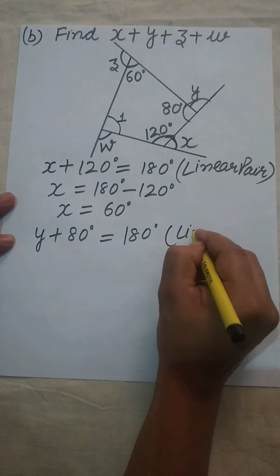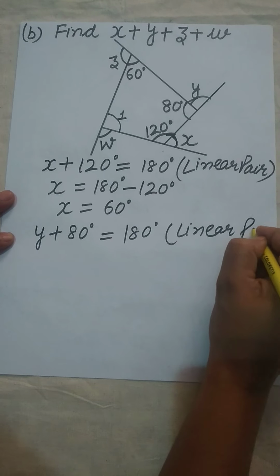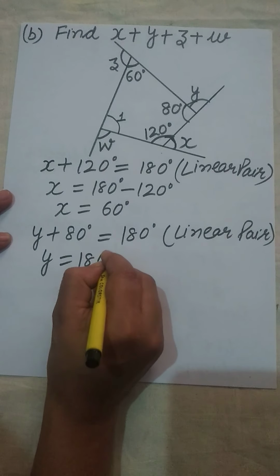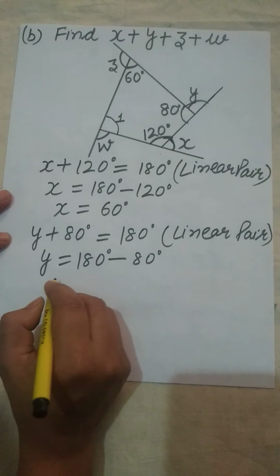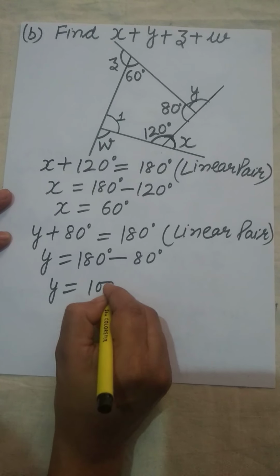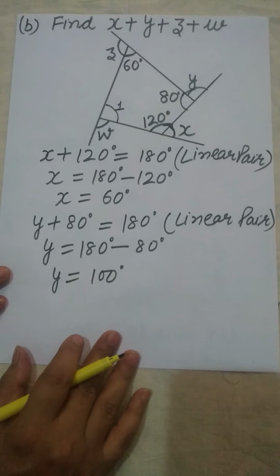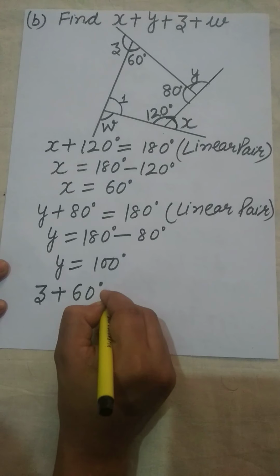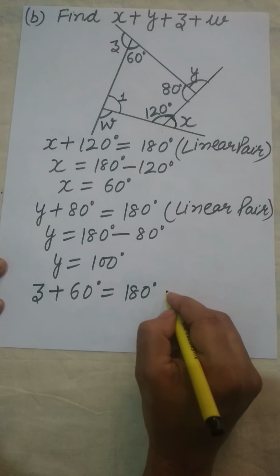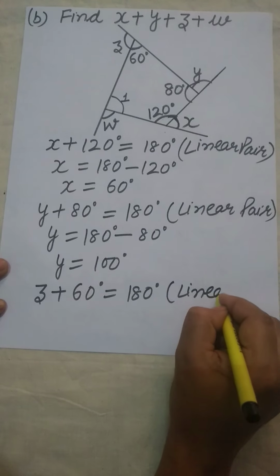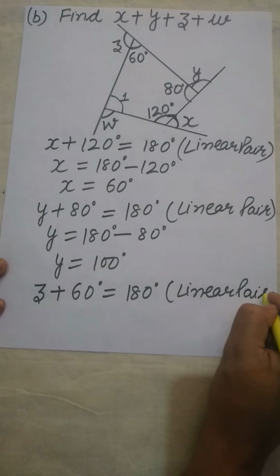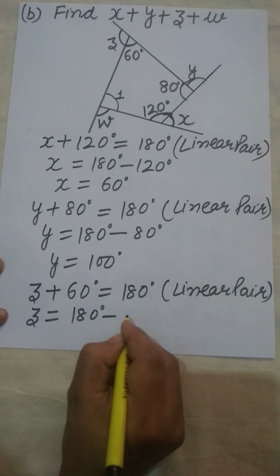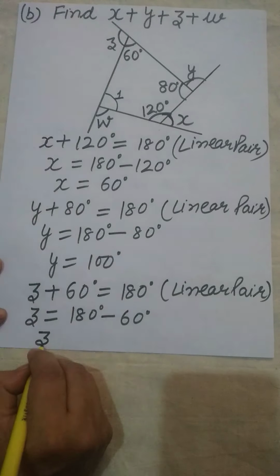Again these are forming the linear pair. So y is equal to 180 degree minus 80 degree and the value of y is equal to 100 degree. Now for the value of z, again z plus 60 degree is equal to 180 degree. Linear pair. So z is equal to 180 degree minus 60 degree and the value of z is equal to 120 degree.